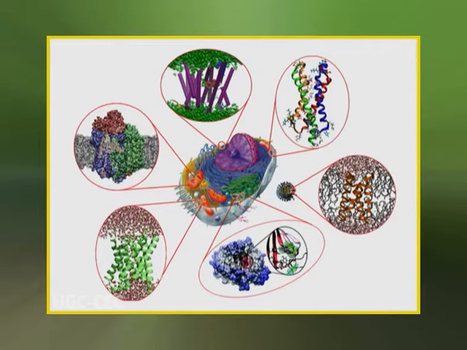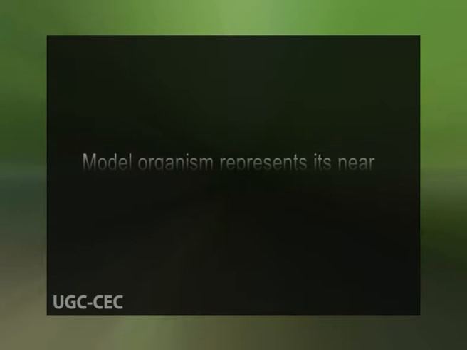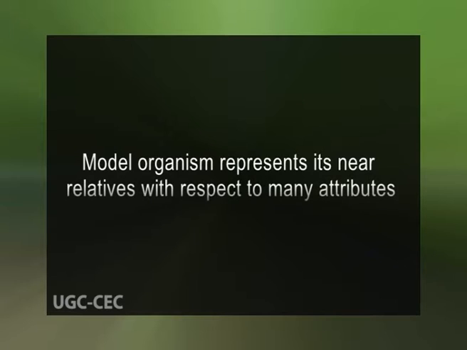Species that were easy to maintain and manipulate under artificial conditions were selected and came to be viewed as models for broad categories of taxa and sometimes for biological systems in general. Thus, a model organism represents its near relatives with respect to many attributes.